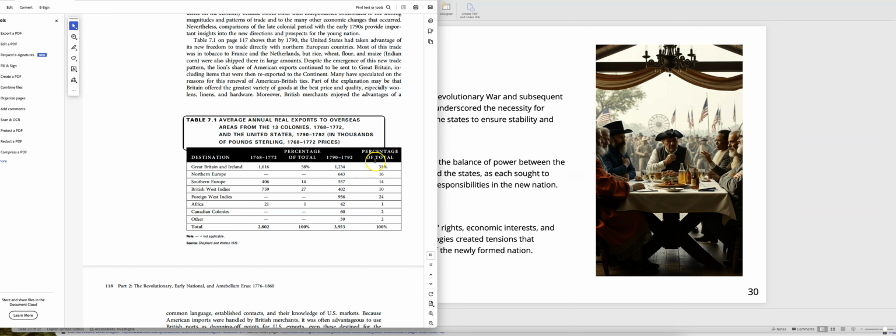Helps us because during the Napoleonic Wars and the War of 1812, we've got others to rely on for our trading as opposed to here. So again, this graph right here highlights for us how revolutionary the Revolutionary War was. This right here encapsulates that dramatic expansion in our trading partners.